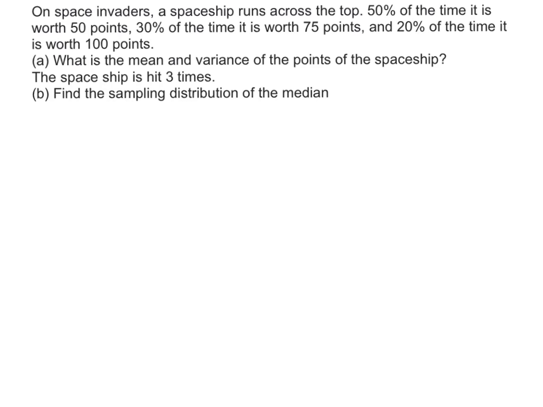Okay, so in order to find the sampling distribution, we need to list all the possible combinations. Now, there's going to be a lot of combinations here because we've got 3 options and 3 choices, which means we're going to have 27 different combinations. One way of making sure that you've got all of them is to list each type.